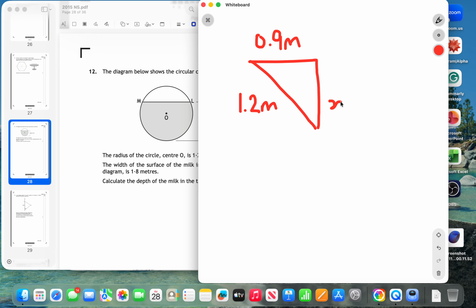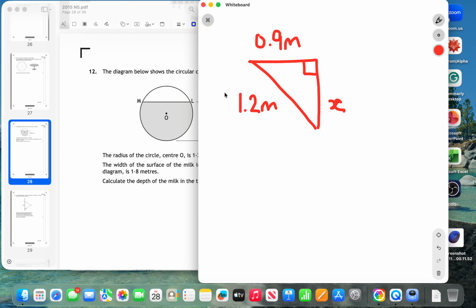Now the line with the length x is a vertical line, the line of 0.9 meters. That's part of the chord, and this is the half of the chord. This is a perpendicular bisector to the chord, so this has to be a right angle.